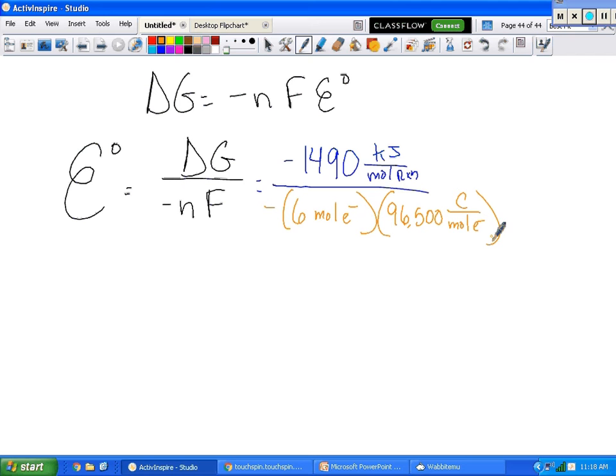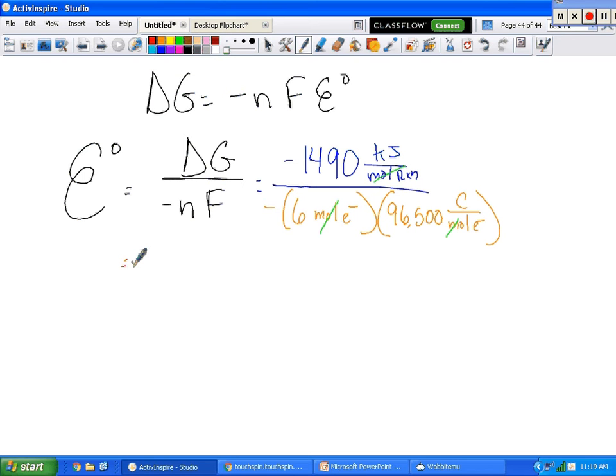All right, so then the moles of electrons cancel. No, I didn't. But I wanted y'all to do it just for practice. If it asks specifically for voltage and stuff, then yeah. All right, so do that math for me.